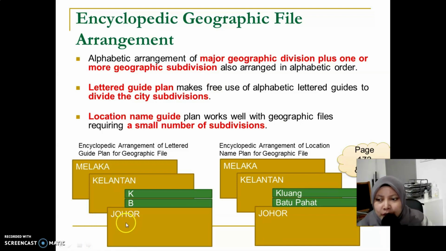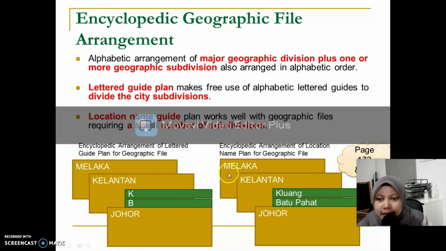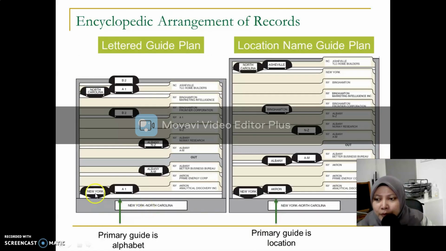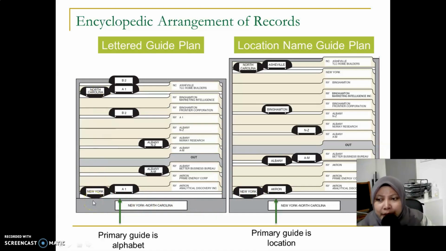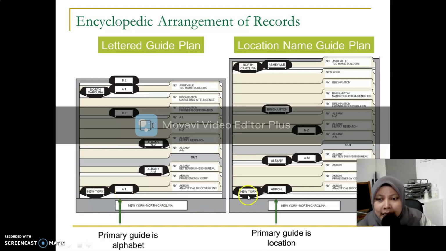As you refer here, why do we have New York as a location name? Because it is not considered the primary guide. This is the primary guide. They have the full name of the location, but their primary guide uses a letter. Here they have a full geographic name, but their primary guide uses the location name.